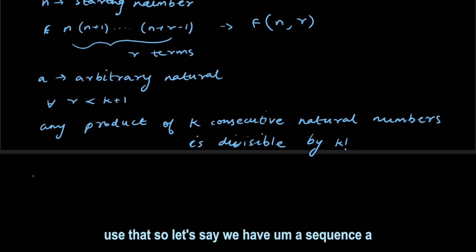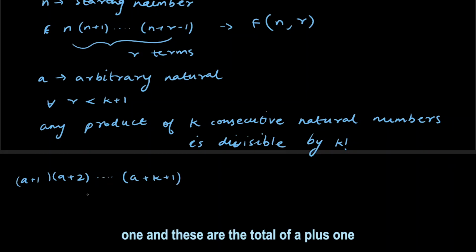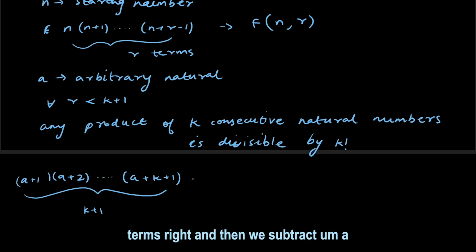So let's say we have a product of k plus 1 natural numbers starting from a plus 1. So we have a plus 1 into a plus 2 till a plus k plus 1, and these are a total of k plus 1 terms, right?